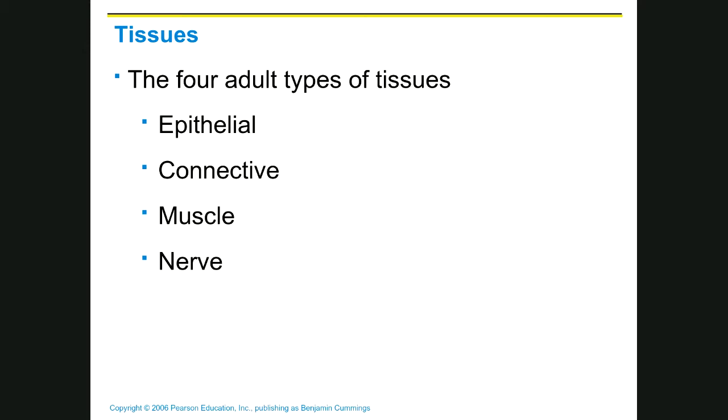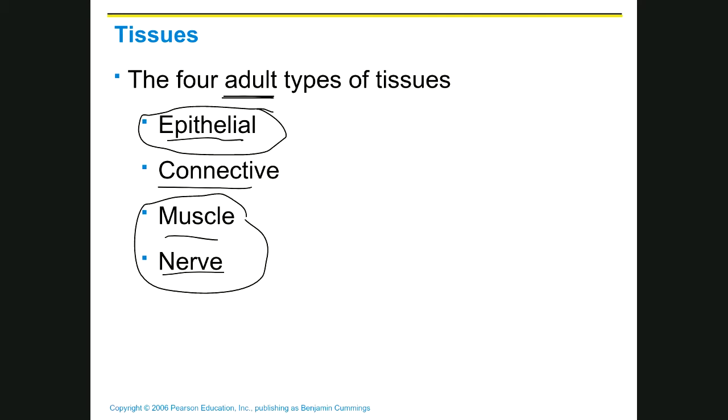There's epithelial tissue, there's connective tissue, there's muscle, and then there's nervous or nerve tissue. Today we're going to talk about epithelial and we're going to talk about muscle and nerve. We're going to save connective tissue for another day because it has the most tissues in it. In other words, it takes the most time, and so we'll devote a different day to it. But these are the ones we're going to cover today.